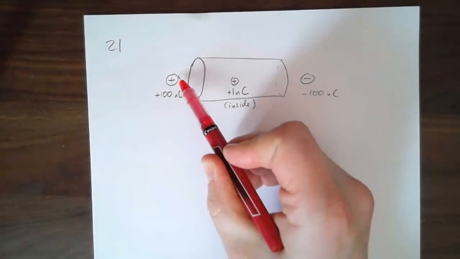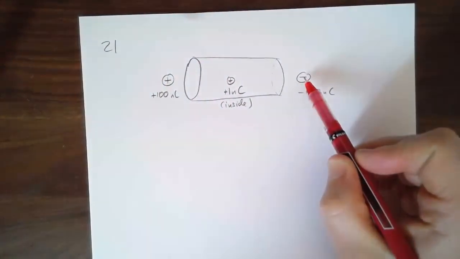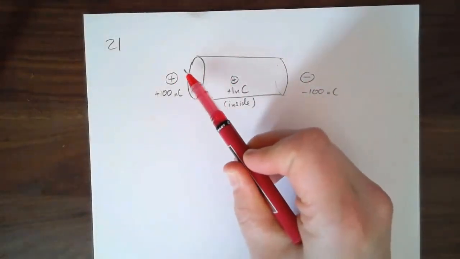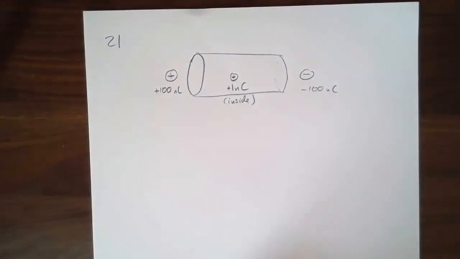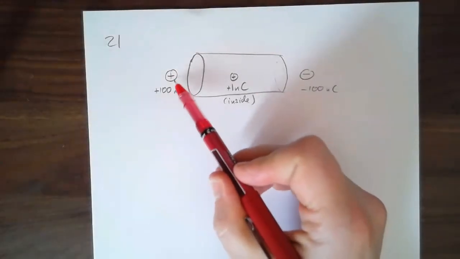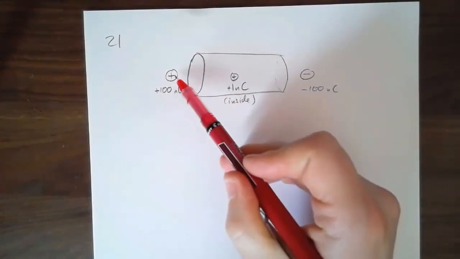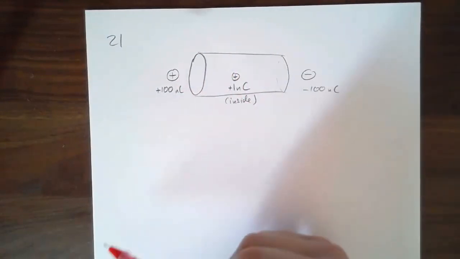Any field line I start here, maybe it'll go to infinity, maybe it'll go to the minus charge and end there. Doesn't matter. If it enters the cylinder, it's got to leave the cylinder. If it doesn't, then it doesn't contribute to the flux anyway. So this one doesn't contribute at all to the flux through this closed surface, because any field that enters it leaves it again, and so those 2 contributions cancel out.